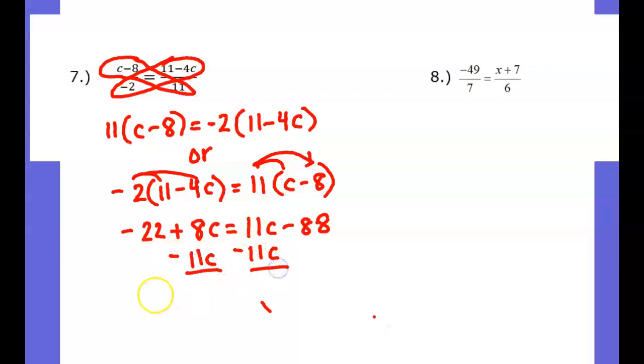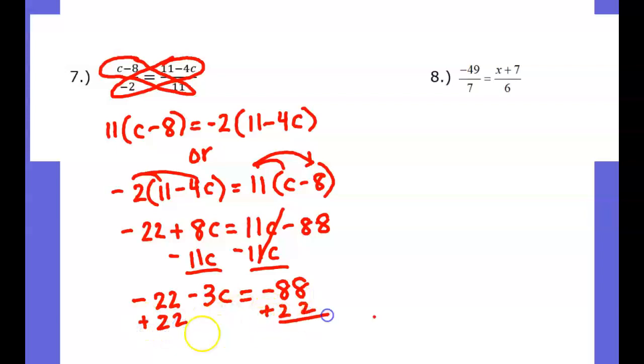When I do that, I have the negative 22 comes down, minus 3c, because 8 minus 11 is a negative 3, and that's going to be equal to negative 88. When I add my 22, I get negative 3c equals negative 66. And then I divide, my final step, and my c is going to be equal to negative divided by negative is a positive. So we get c is 22.